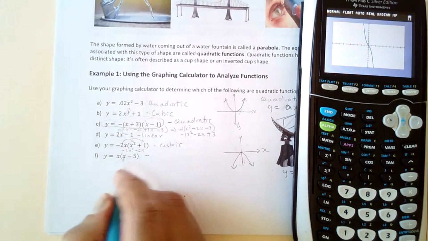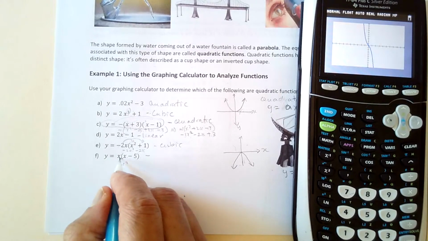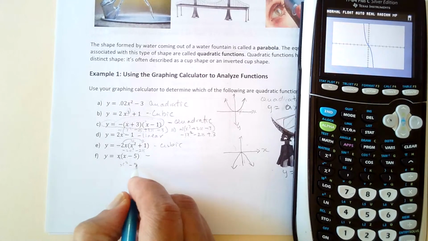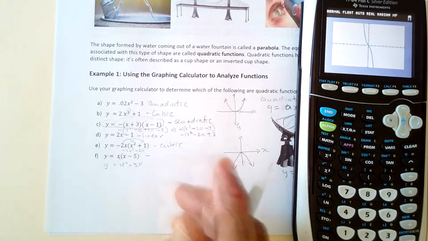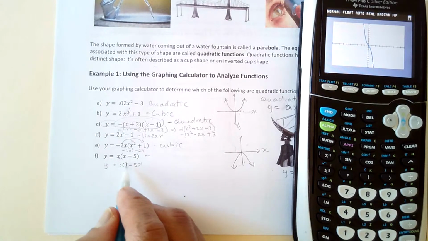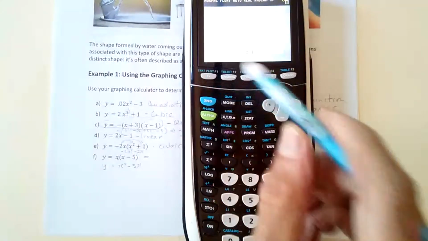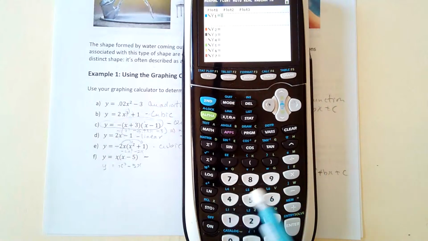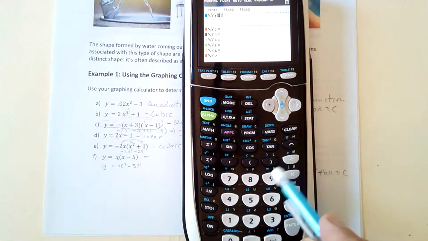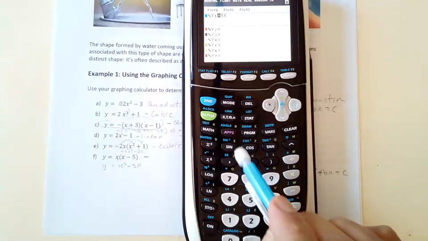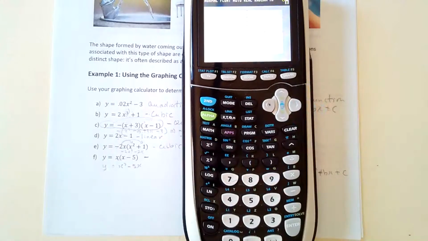The last one, you suspected x times x is x squared, x times negative 5 is negative 5x. So this is really my equation, but it's written in a different form. I'm predicting this is a quadratic, but let's see what our graph tells us. x, open bracket, x minus 5, close bracket, and graph.